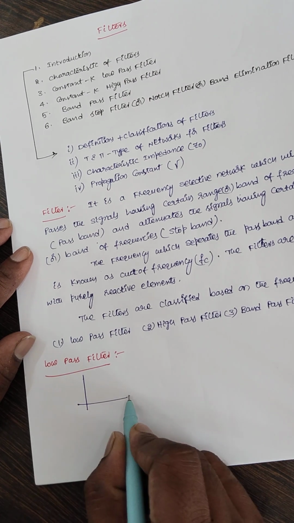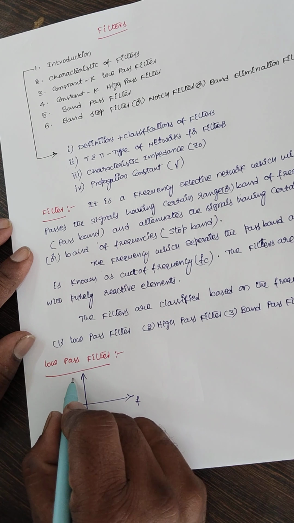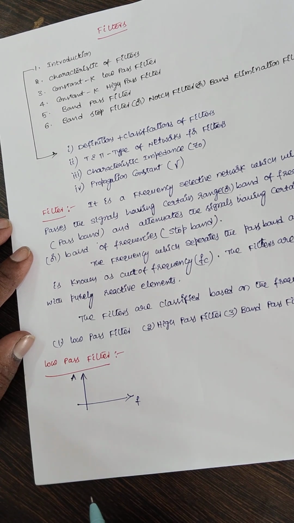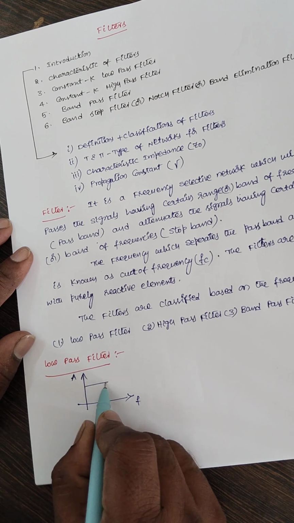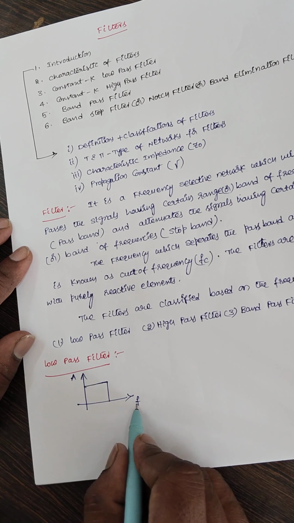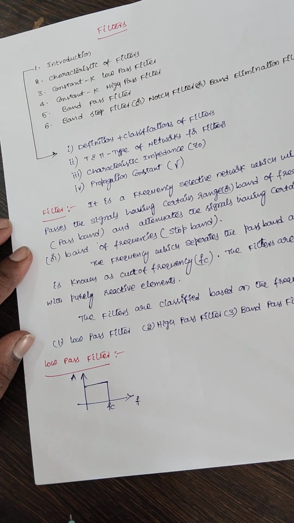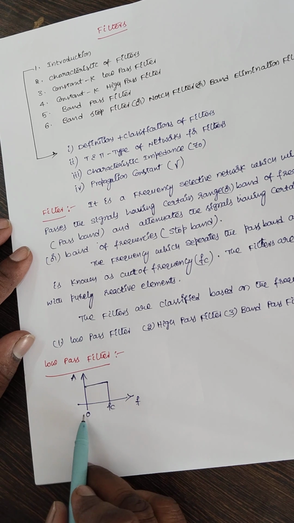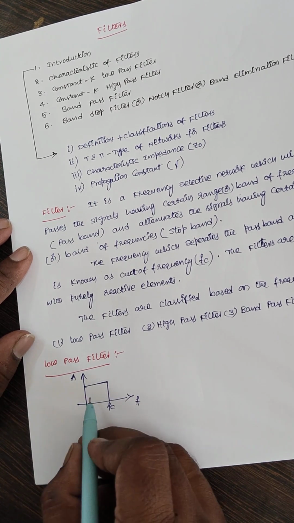Let us assume it is the frequency versus the amplitude or strength of the signal. I can draw the waveform between frequency and amplitude like this. So this is the cutoff frequency. We are varying the frequency from 0.